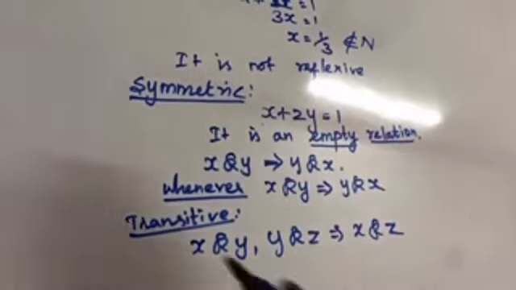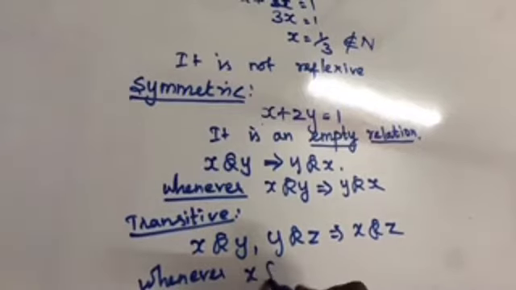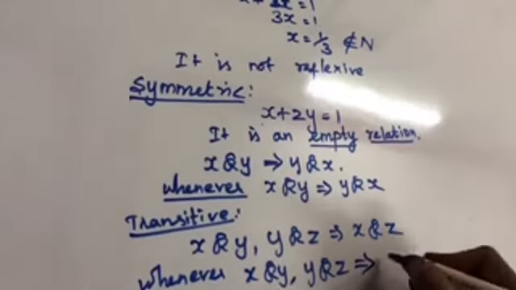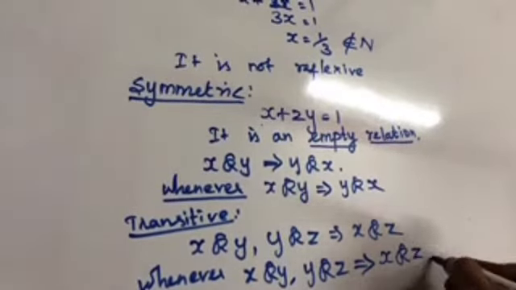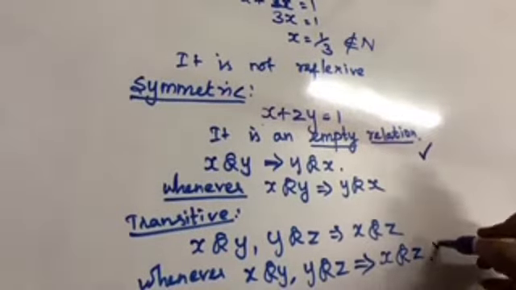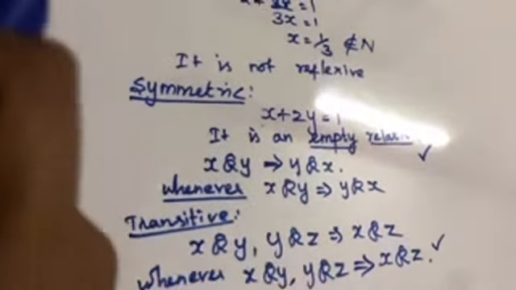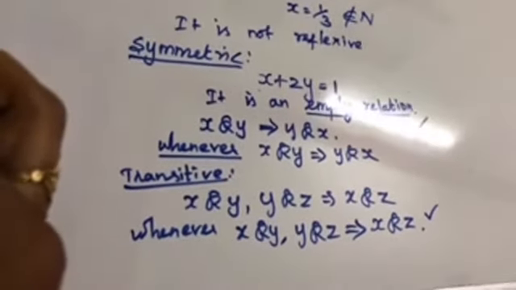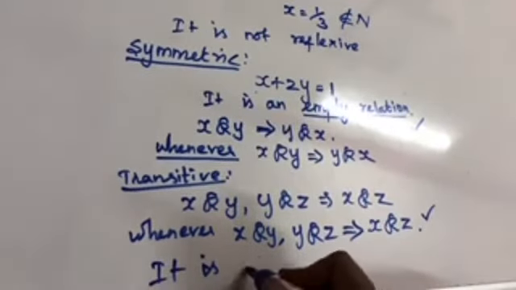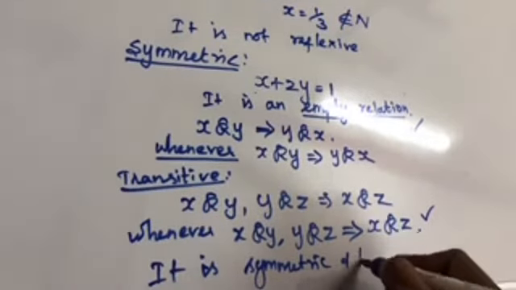But it is an empty relation, so whenever x is related to y and y is related to z, obviously x is related to z. So it is symmetric and transitive. Only the reflexive condition is not satisfied for empty relations. So this relation R is symmetric and transitive.